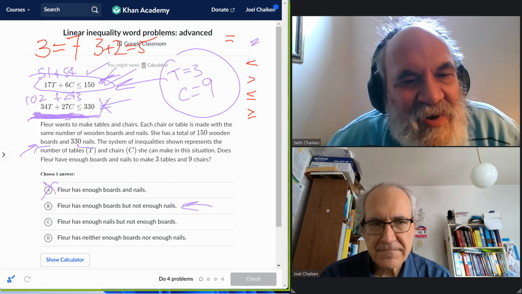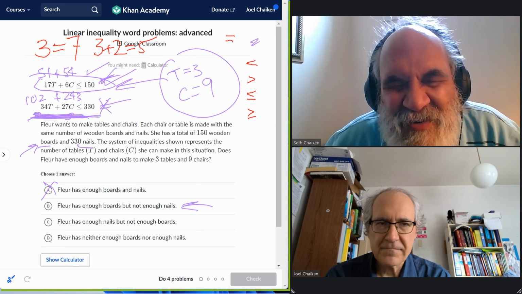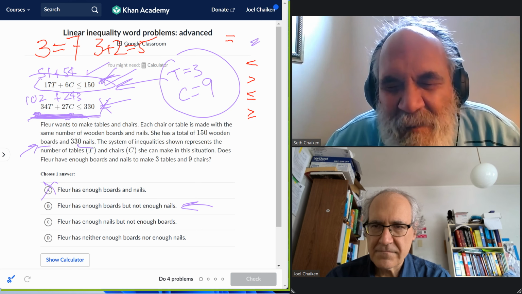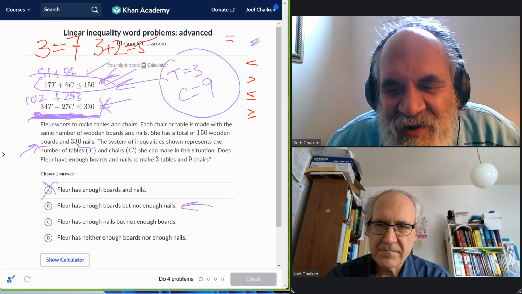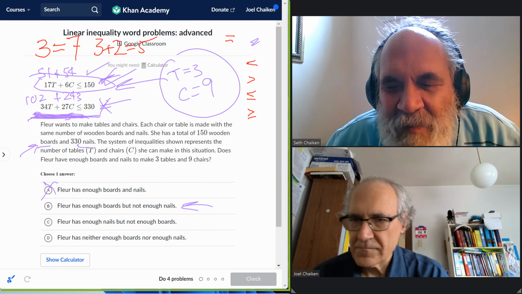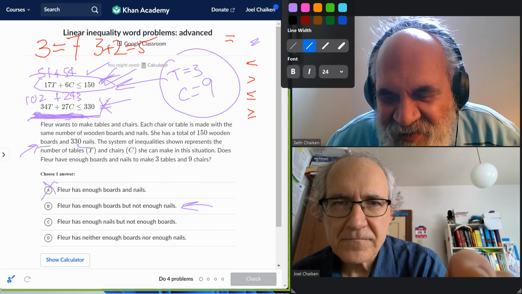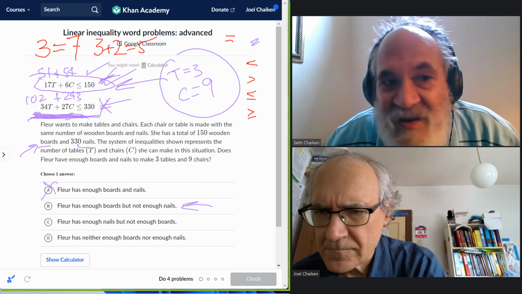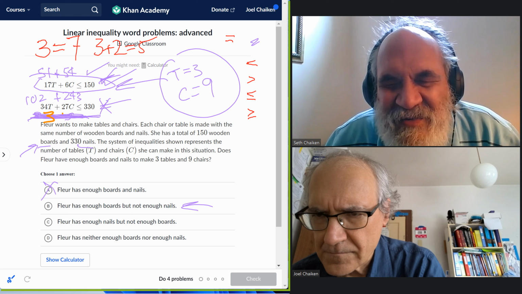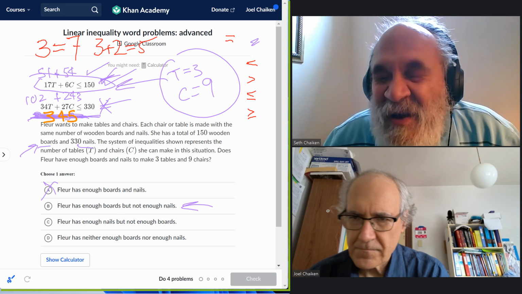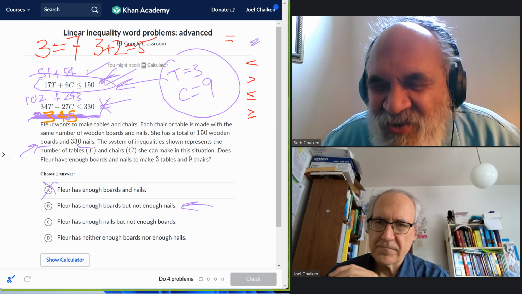So the deal with nails, it's 330 nails to build the goal number of tables and chairs. The number of nails you need must be less than or equal to the number of nails you have.